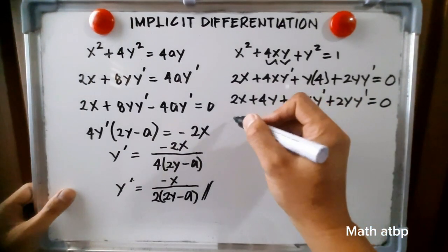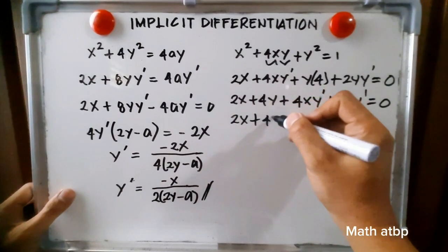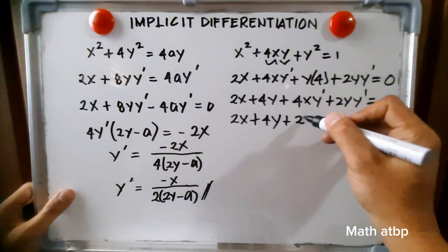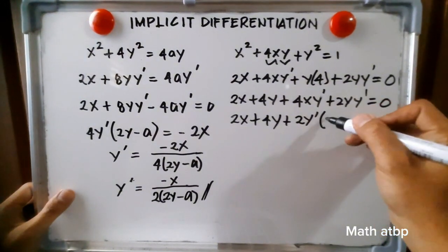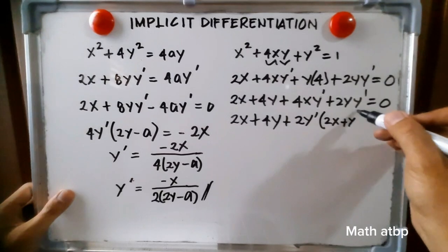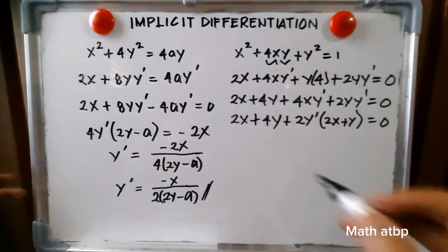Let's factor out y prime. 2x plus 4y plus y prime times 2x plus y is equal to 0. Can you follow?